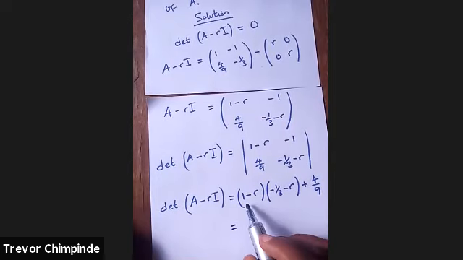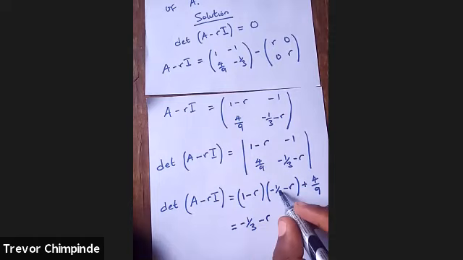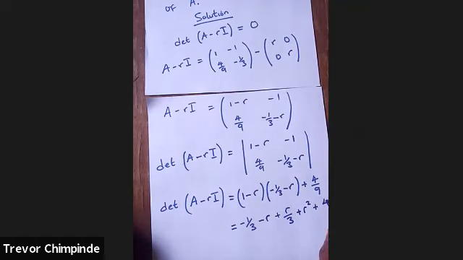Opening the brackets, we get 1 times -1/3 is -1/3. 1 times minus R is minus R. Then minus R times -1/3 is positive R/3. Minus R times -R is positive R squared. Then plus 4/9.